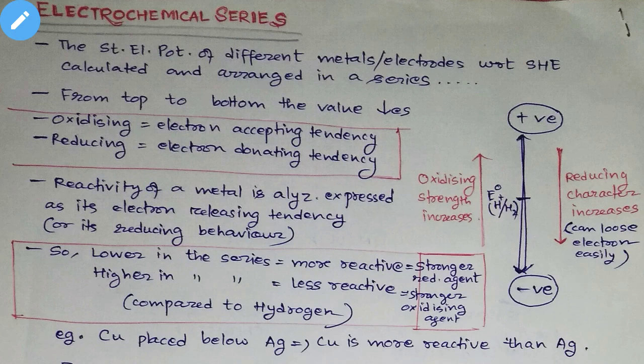Whatever reading is shown in the voltmeter will be the standard electrode potential of that particular metal, because we know that the standard electrode potential of the standard hydrogen electrode, by definition, is kept at 0 volt. I explained that in the previous video.